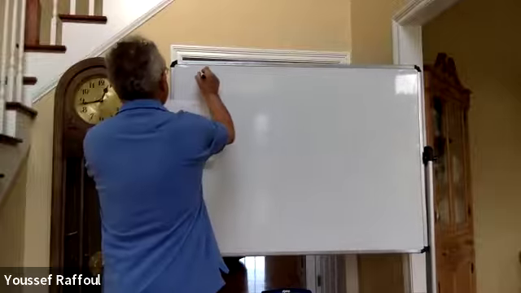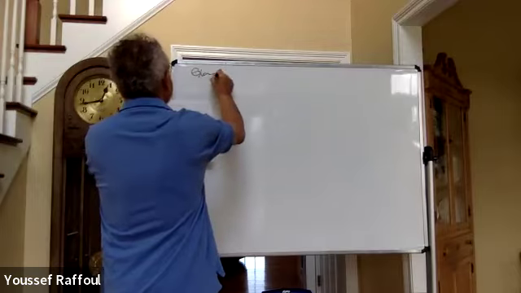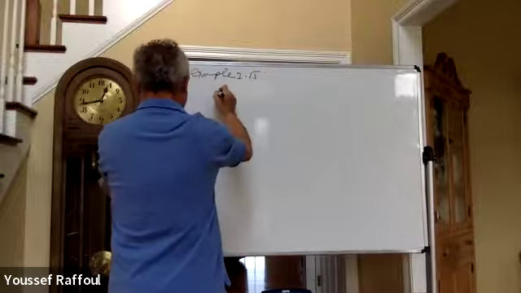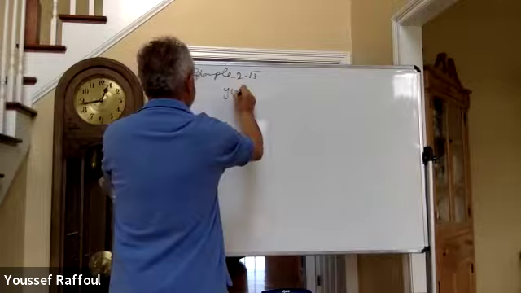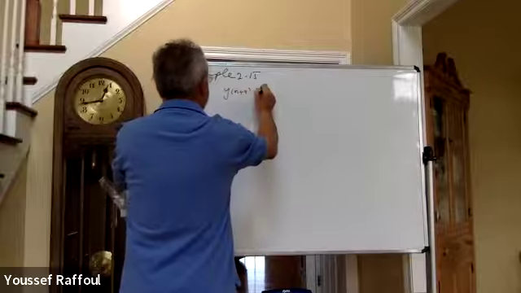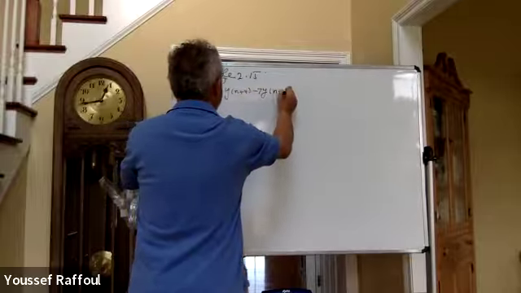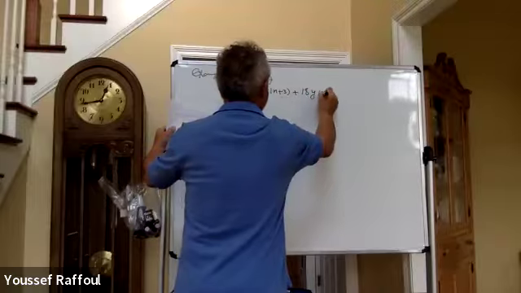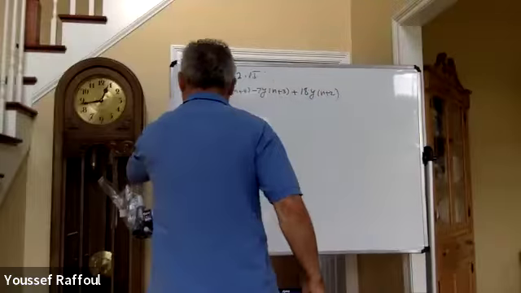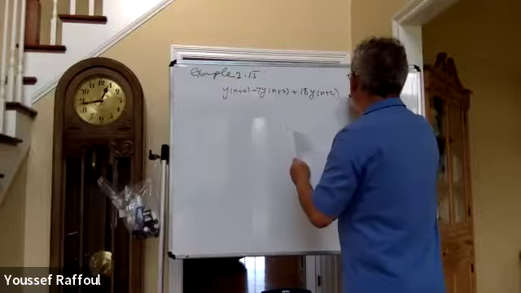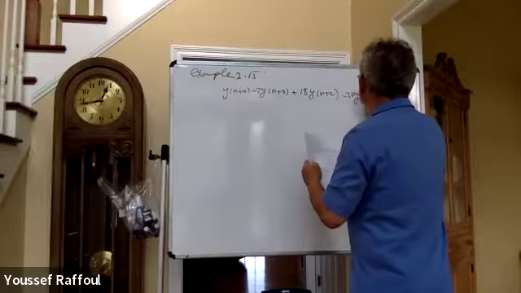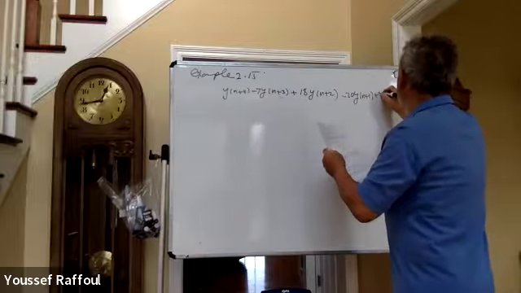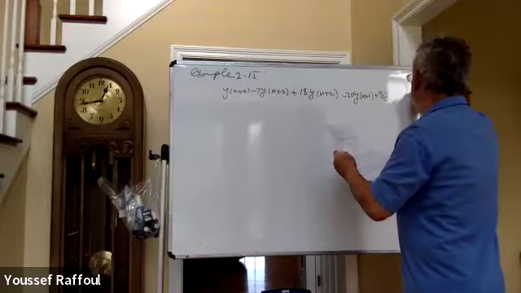Let's take a look at example 2.15. We have y_{n+4} minus 7y_{n+3} plus 18y_{n+2} minus 20y_{n+1} plus 8y_n equals 0.